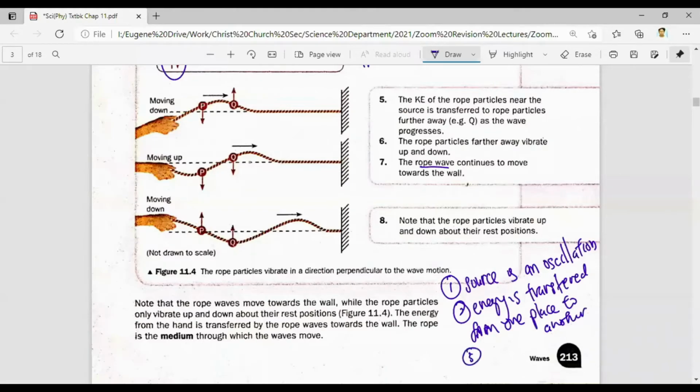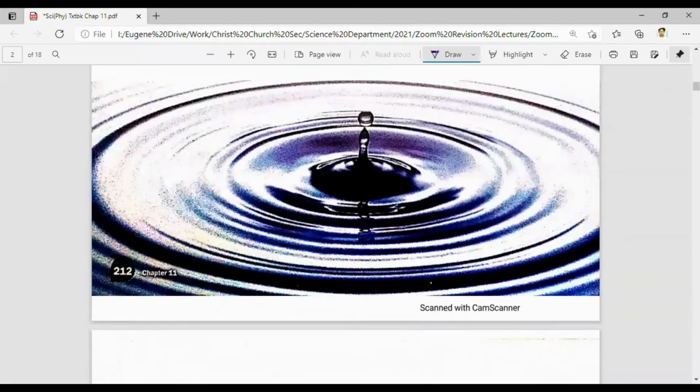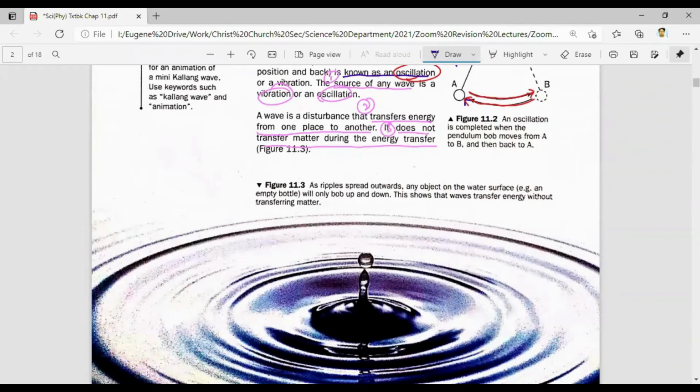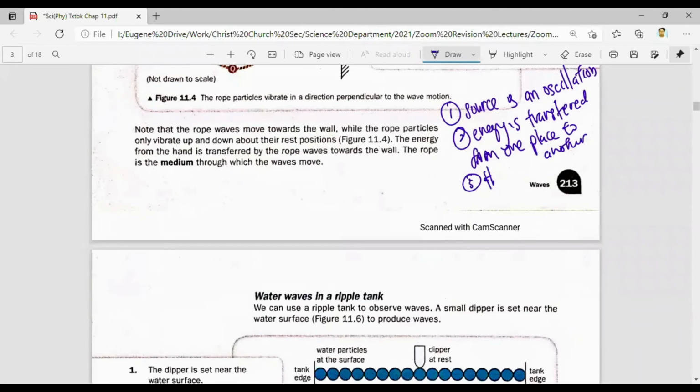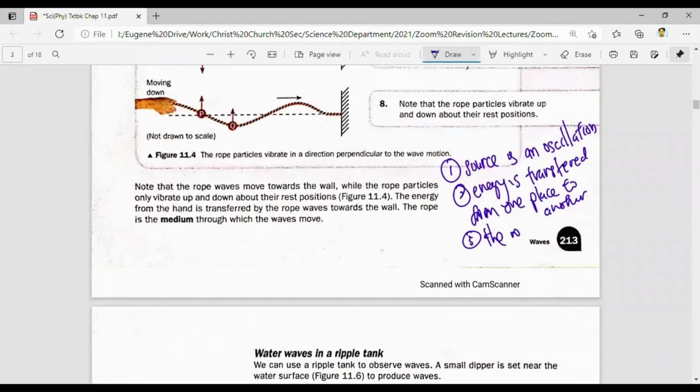Next, the last point which I underline: it does not transfer matter. So the rope is not transferred from one point to another, from the start point to the end.